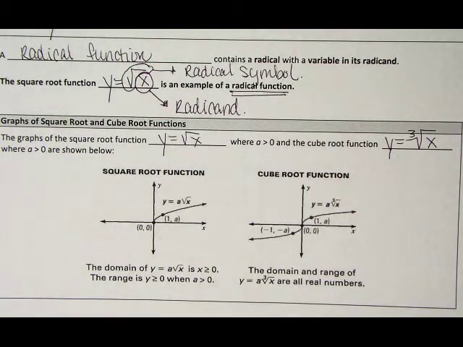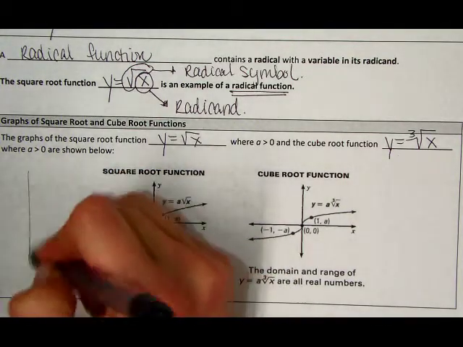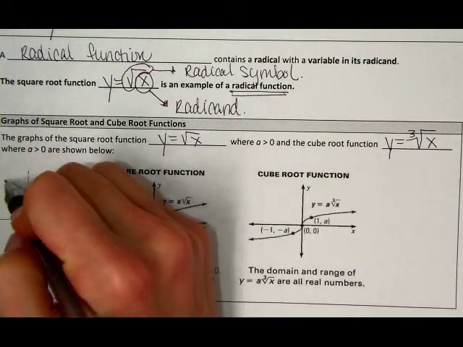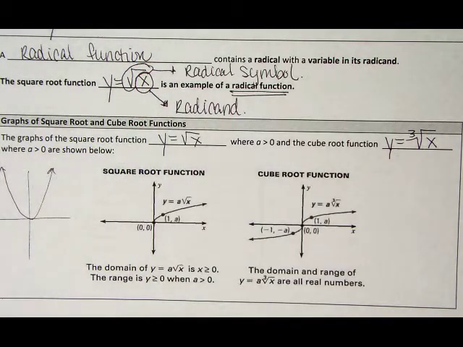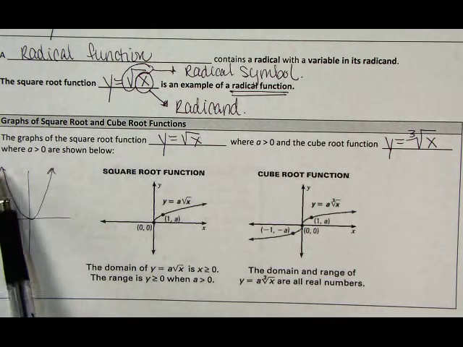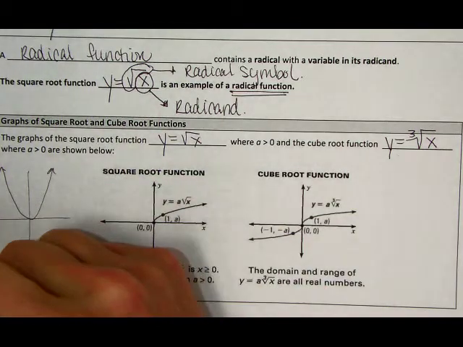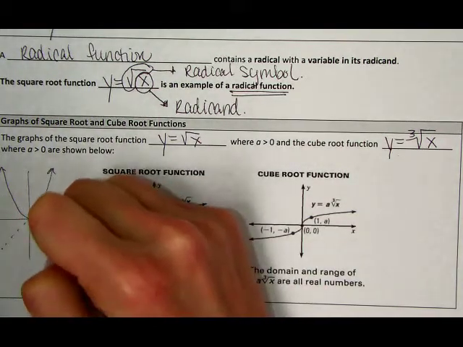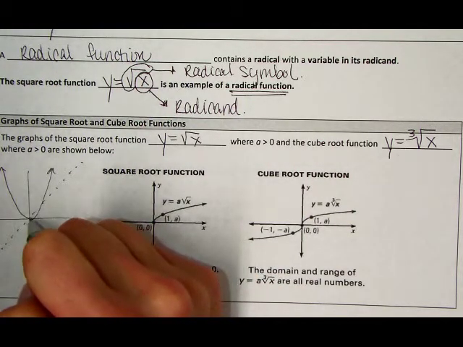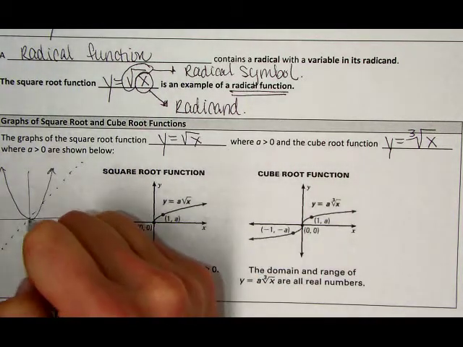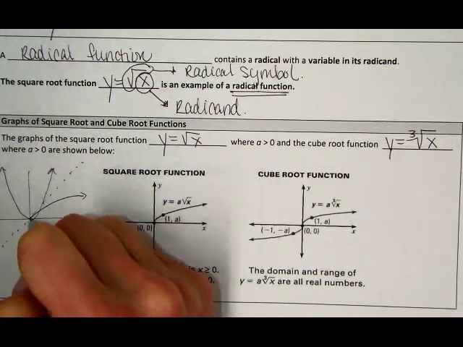Your square root function, if you can remember, is the inverse of your parabola, your x squared function. So remember, back in lesson 4, if you took your x squared function and took its inverse, if we flip this, you got something that looked like this graph off to the right.